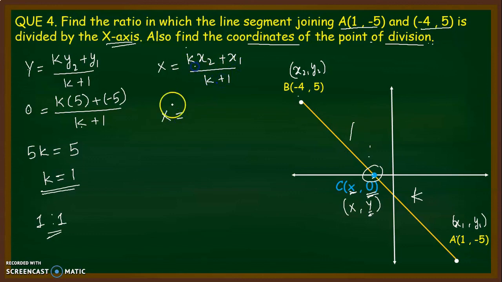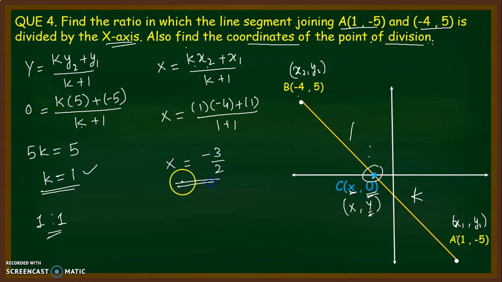The value of k that we have already found, we will put it here. 1 times x2, which is minus 4, plus x1, which is 1, divided by k plus 1, which is 1 plus 1. So here we get the value of x equal to minus 3 by 2. So the coordinate of the point of division, that is point C, is (minus 3 by 2, 0).